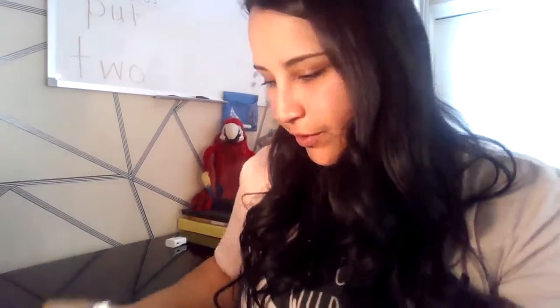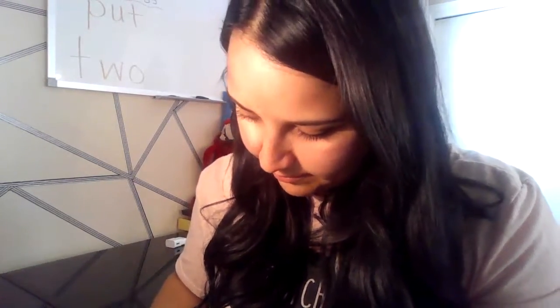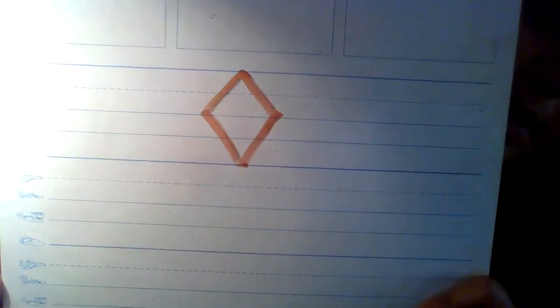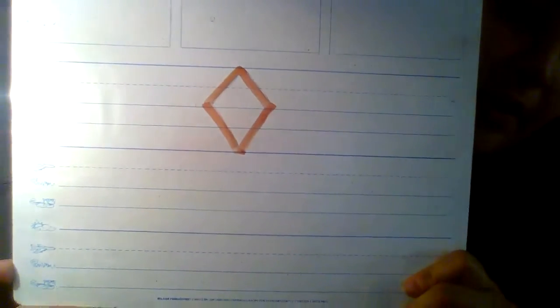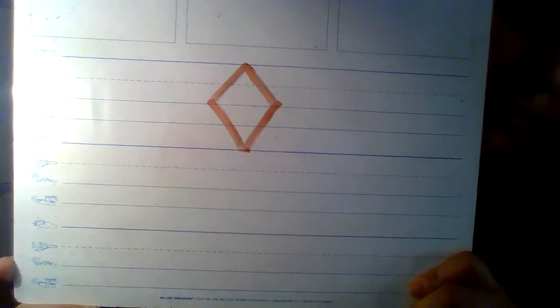Last one we're going to review is what a lot of people call a diamond. But a diamond has a fancy word. So this is a diamond, has 4 sides and 4 corners. It is not a square. Remember, a square has 4 equal sides and 4 corners. This one has 4 sides and 4 corners, but it's kind of slanted a little bit.